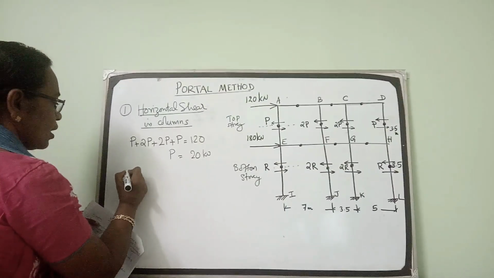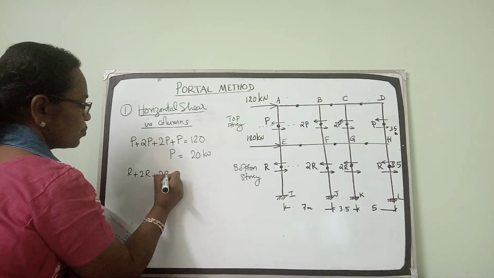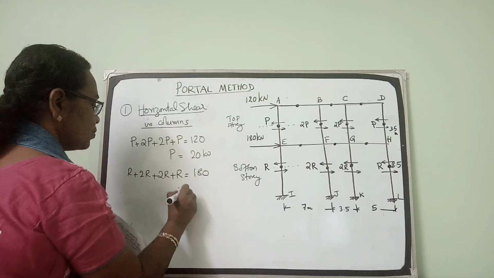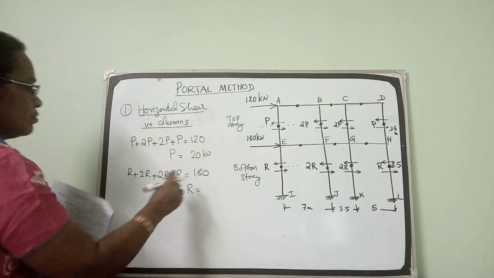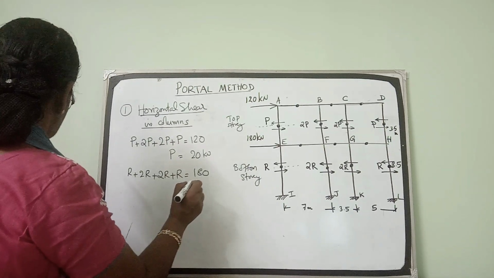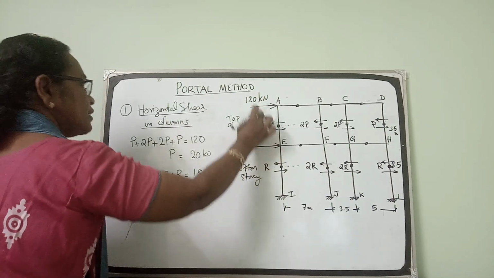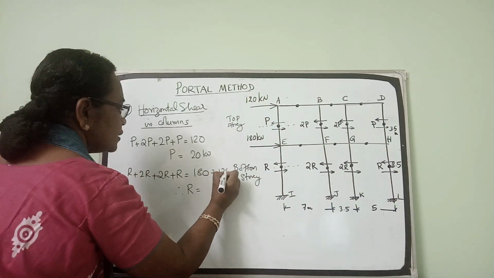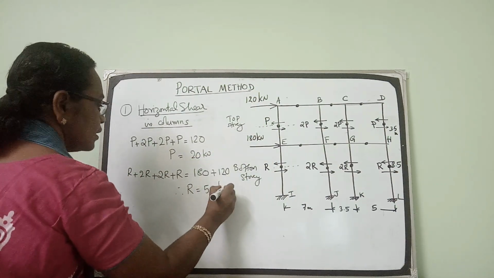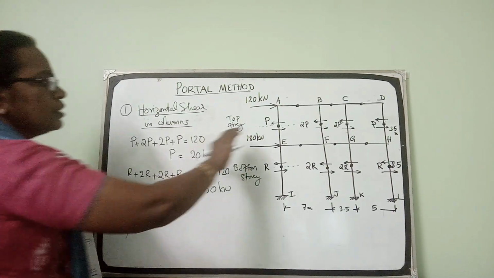We'll get R plus 2R plus 2R plus R is equal to 180 plus 120, the total load above that line. So 6R is equal to 300, so R is equal to 50 kilonewton. So in the first step, we have got all the horizontal shear.